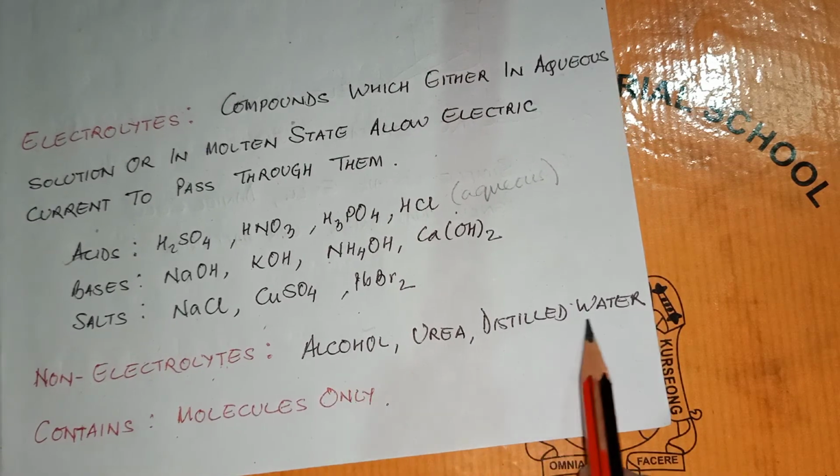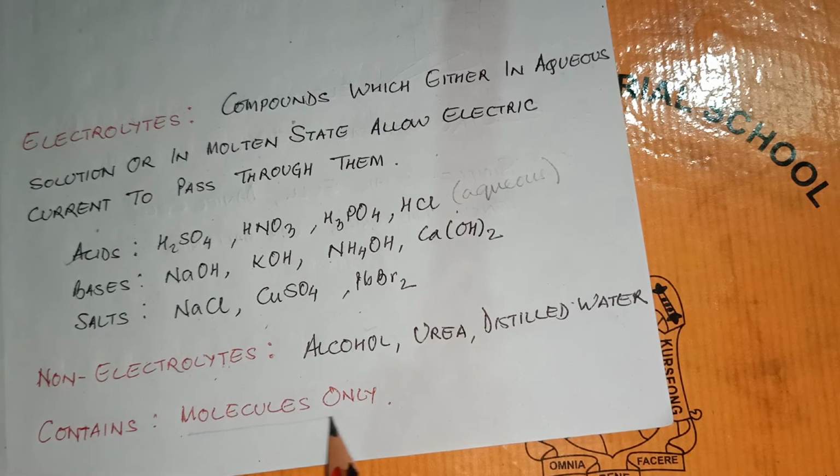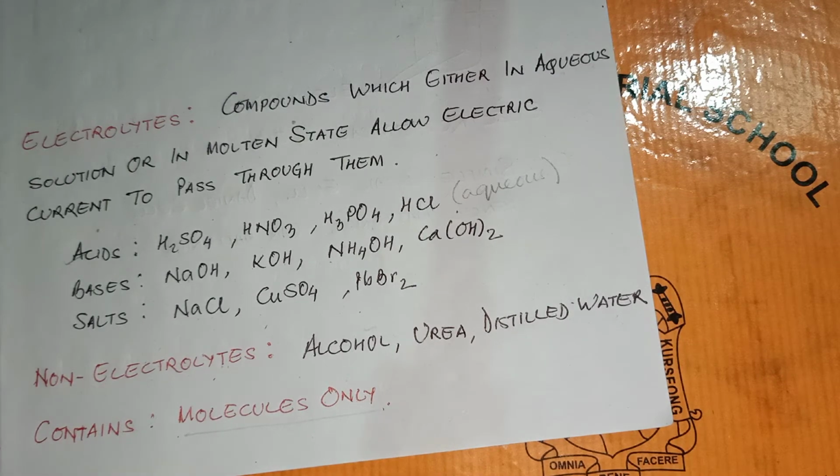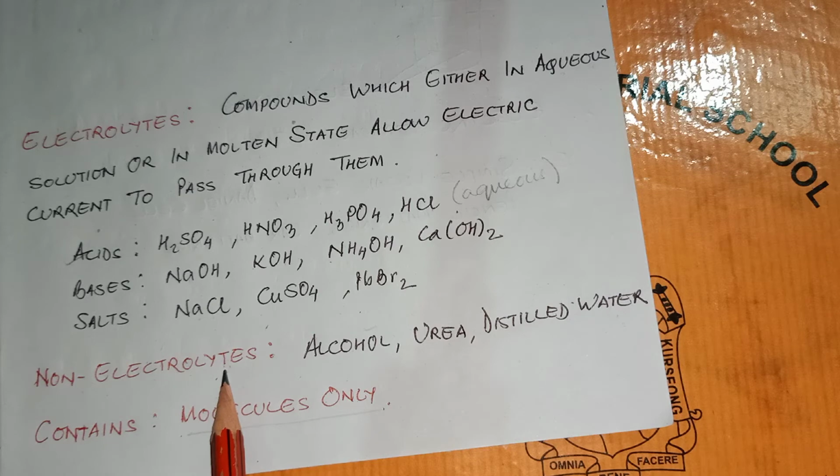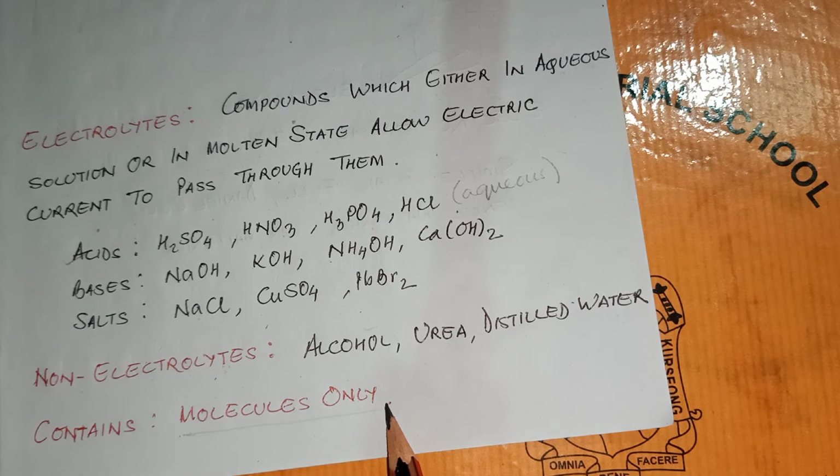These non-electrolytes all contain only neutral molecules, and neutral substances do not conduct electricity. Only those which have charged particles, free movable ions or electrons, conduct electricity. So why do non-electrolytes not conduct electricity? Because they have only molecules. They don't have free ions or free electrons. Is that clear, boys?